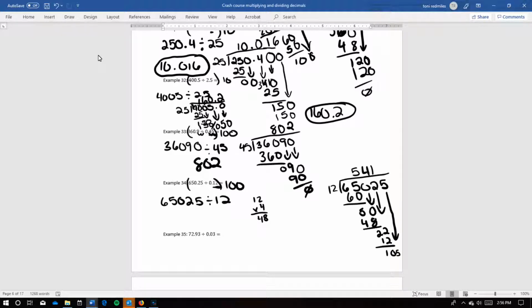Alright, so let's try 12 times 8 and see what we get. Can we do more? I don't think so. I think that's the highest I can go with my 12s. And then I can drop down another 0 if I put a decimal place in, and I'm going to have to scoop my math over just ever so slightly, and I'm going to have to see what a 12 would do.